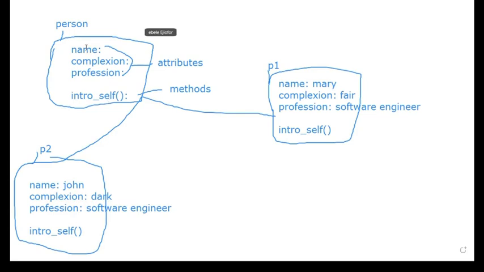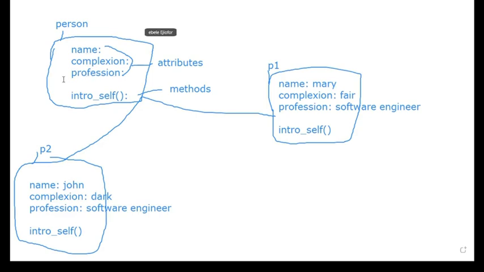From this class, I created two objects, P1 and P2, person 1, person 2. Each has a name, complexion, profession. But here, the attributes are well defined, unlike in the class, which is just a guideline, like a guide.